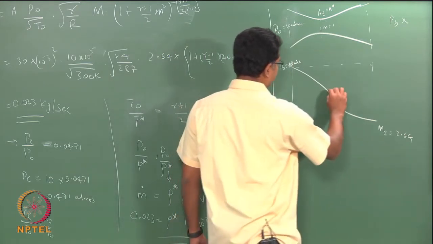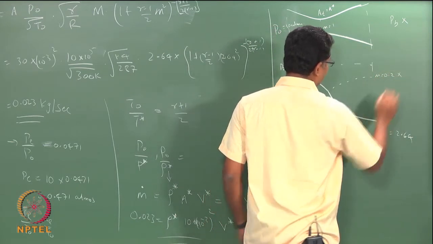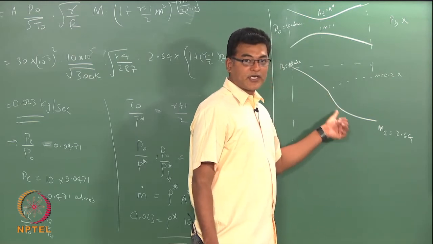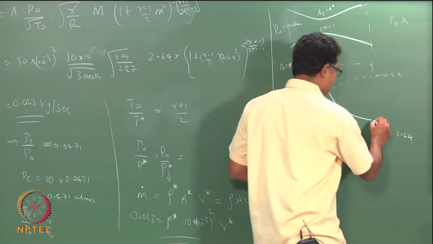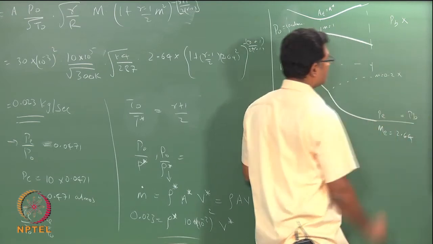So, this solution, M equals 0.2, we have not taken because it is already known that it is working at the design condition. So, this is my design condition. So, my P exit is PB.